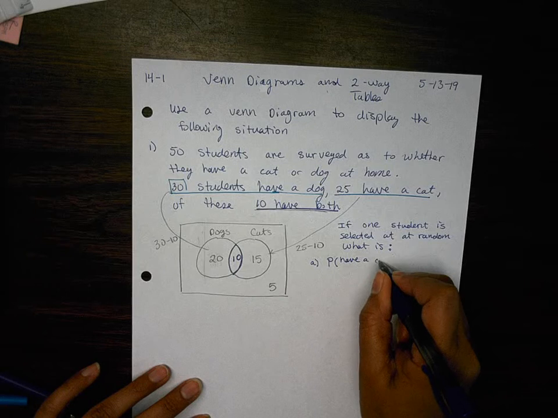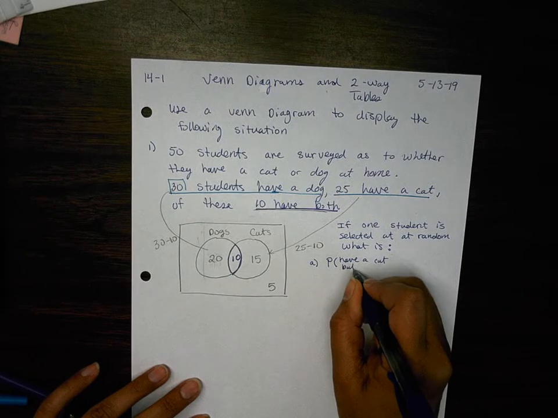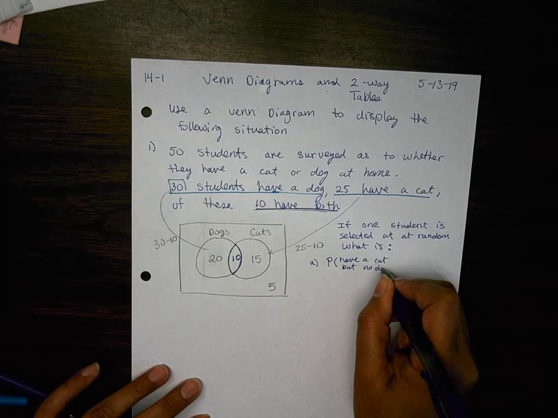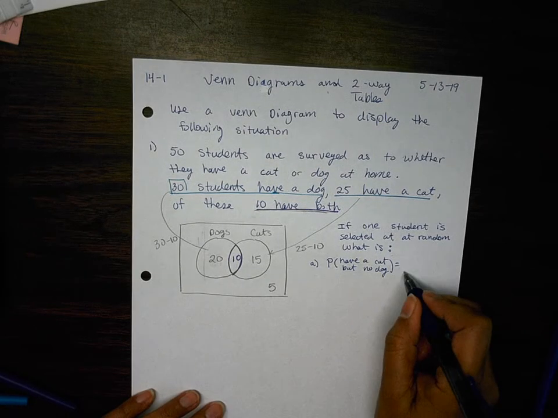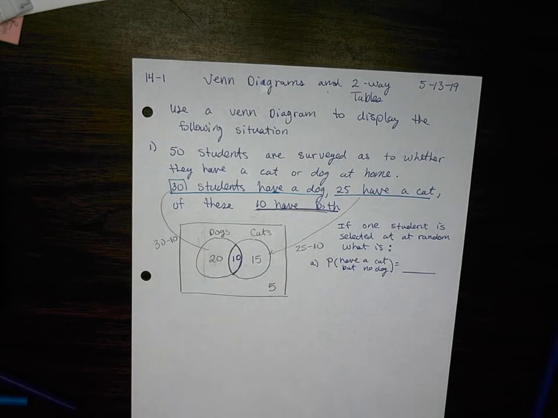Probability parentheses, have a cat but no dog. Let's write that down. Have a cat but no dog equals blank.